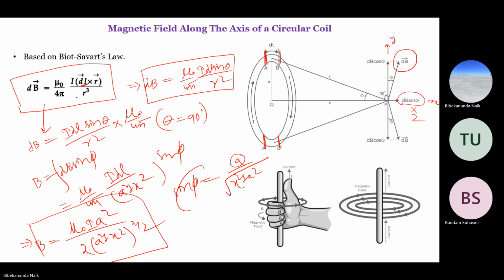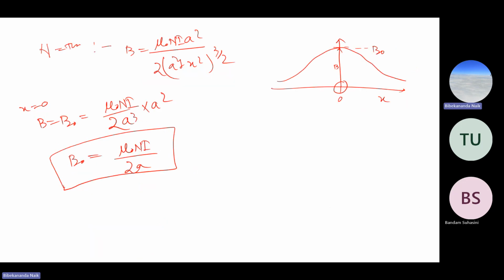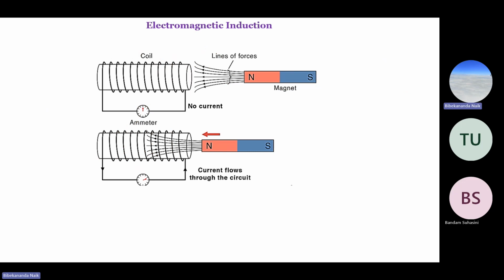Similarly, with change in current, the magnetic field produced will be in a different direction. So these are a few things related to the magnetic field along the axis of a circular coil carrying current. Now we know about electromagnetic induction.